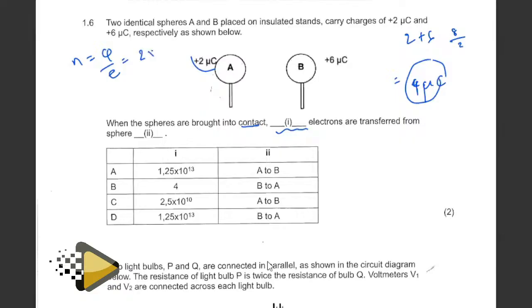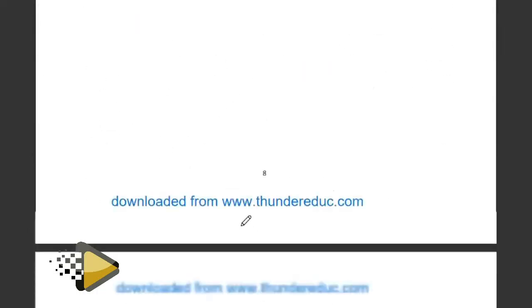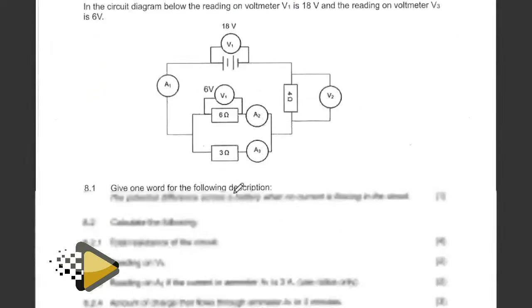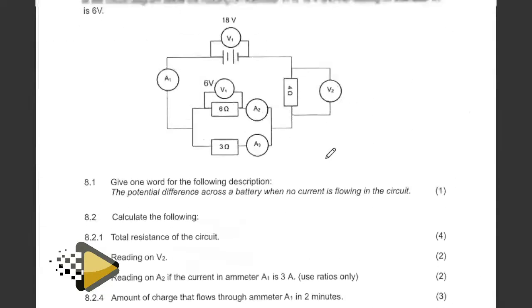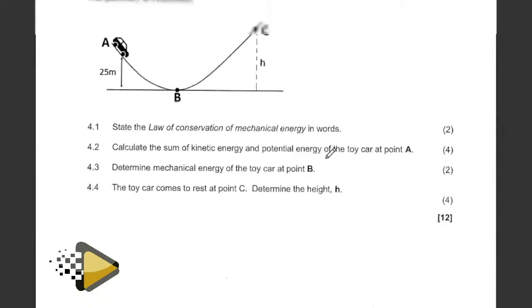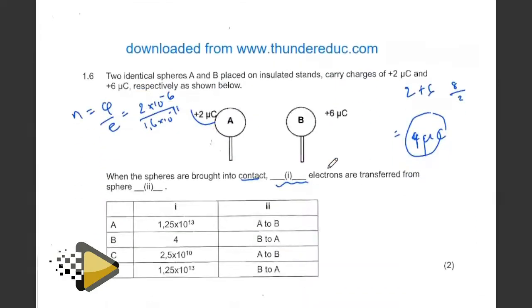I'll say 2 times 10 to the negative 6, and I'm dividing it with the charge which is 1,6 times 10 to the negative... is it negative 11 or negative 19? Should be negative 19, yes, 1,6 times 10 to the negative 19. So we're saying negative 19, not 11.